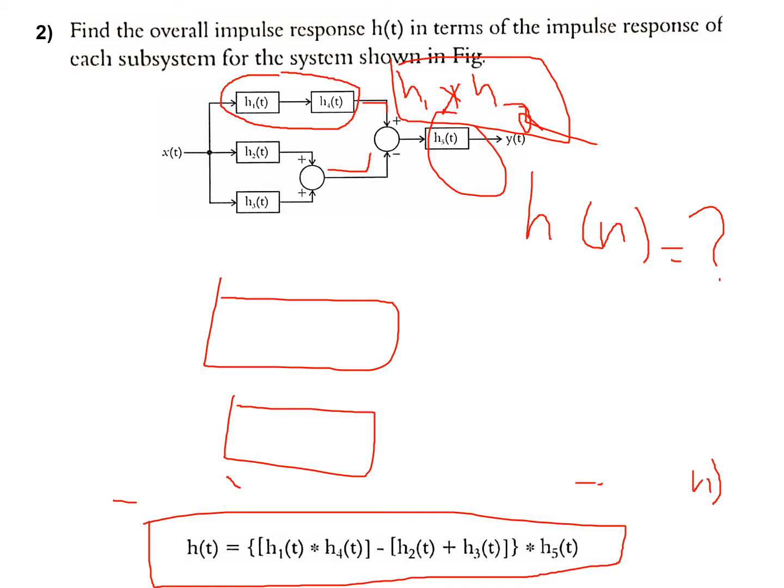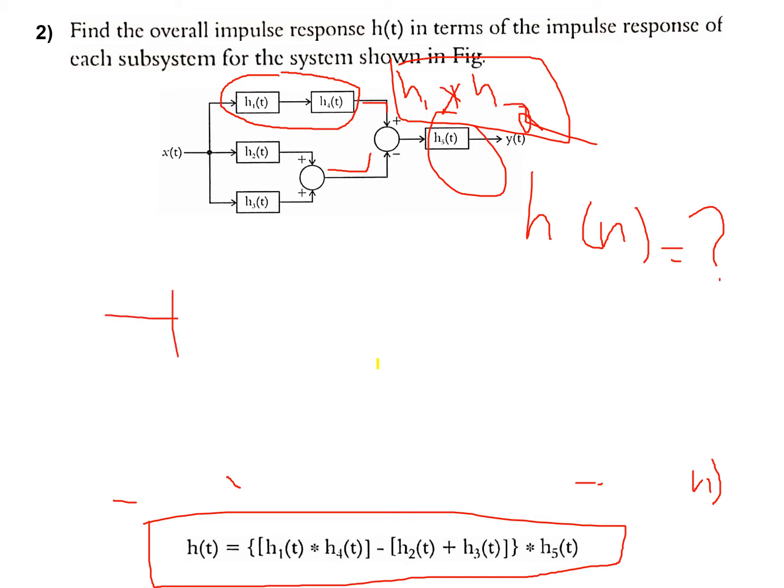So by simplifying all this, what you can do here is show the next block like this. This is H1. I won't write t, so it's continuous time, no?